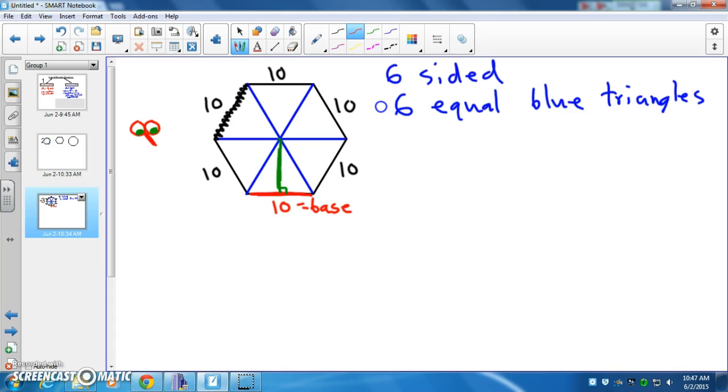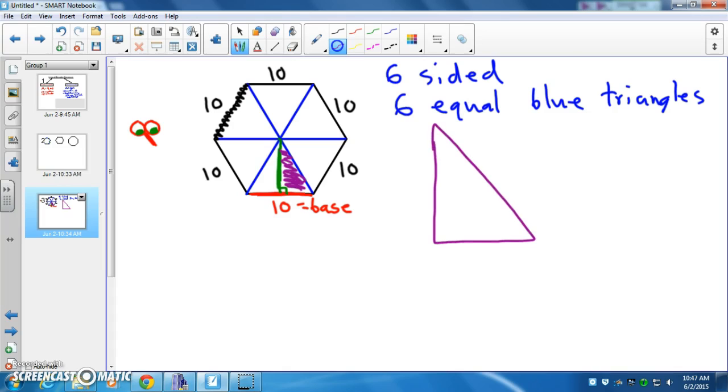Okay, now I need to get the height of that triangle. Now this is where I have this stick figure bird that's going to help us work on that. So I'm going to try and blow up this part of the blue triangle. This guy here, I want to blow up a bit and explore that over here.